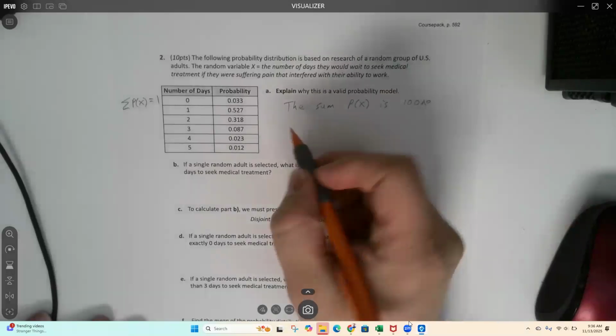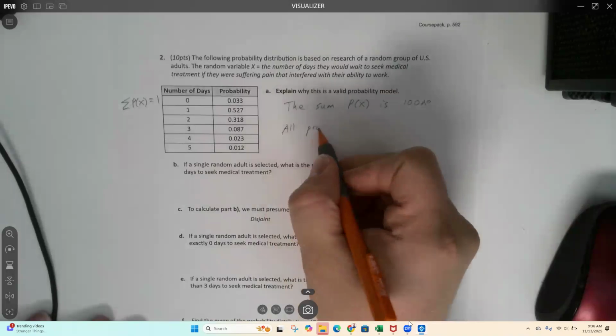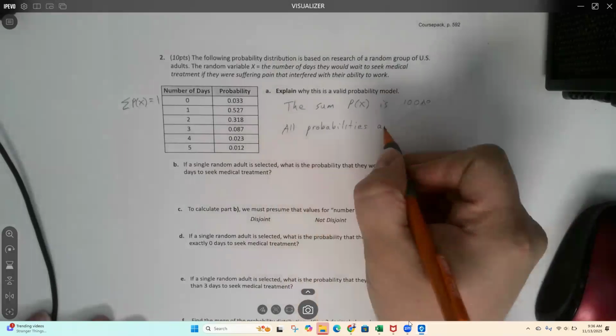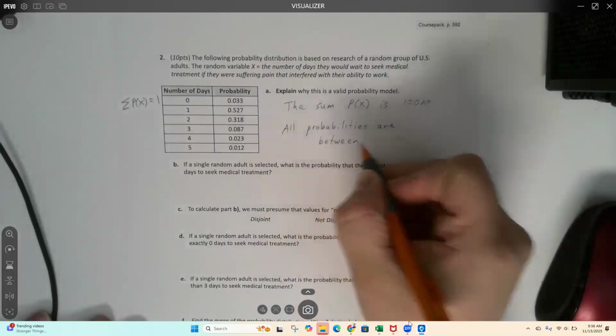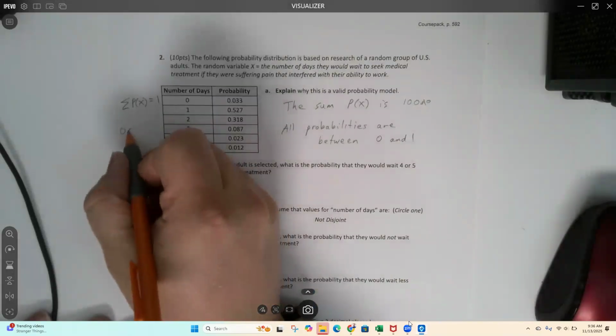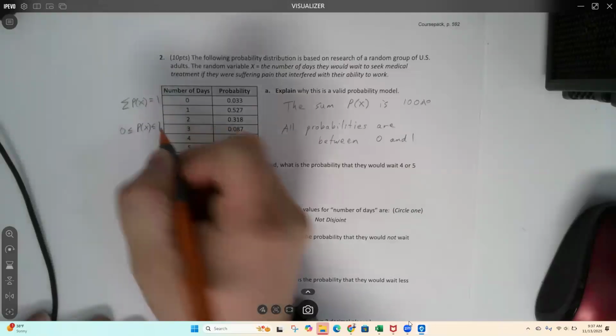And then all probabilities are between 0 and 1. Or if you want to write that in math.